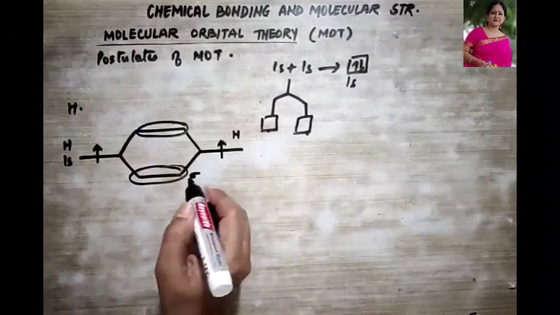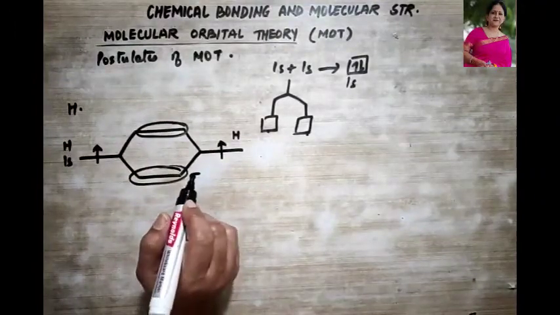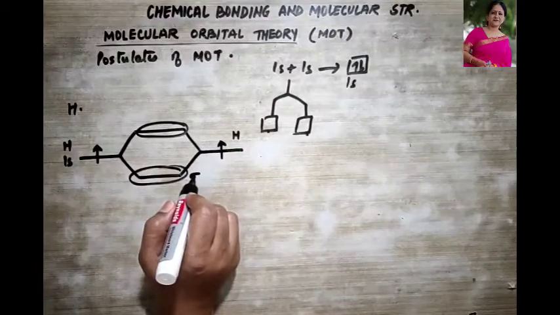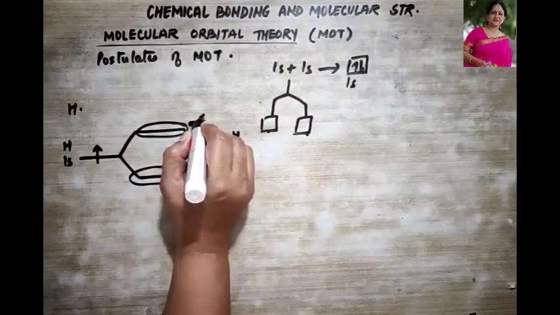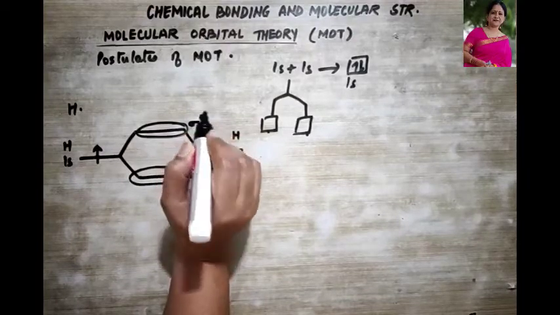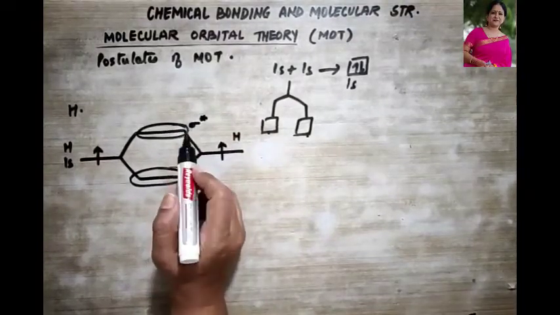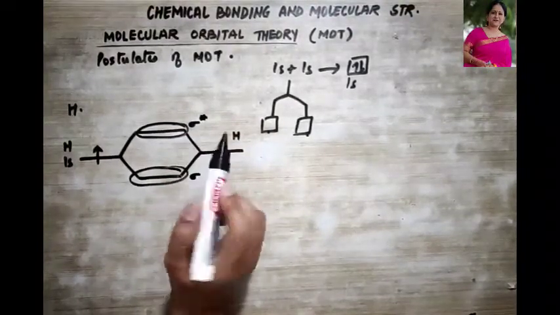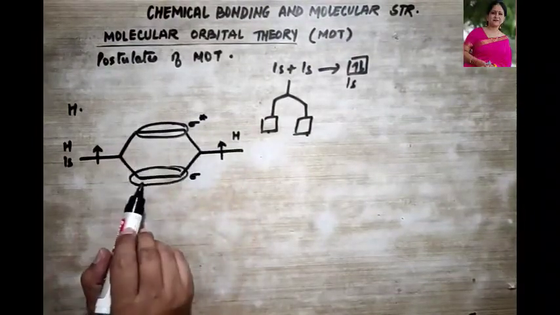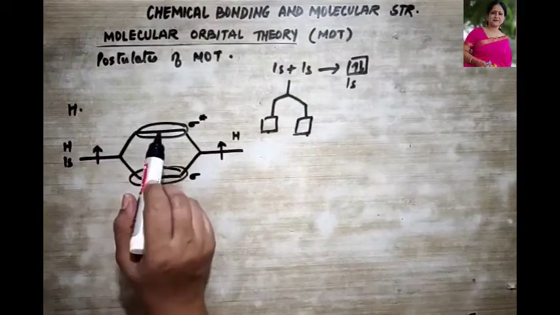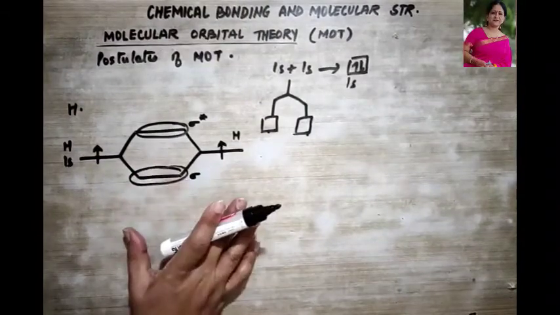I hope this is clear. So this is your sigma, that is the bonding molecular orbital, and this is your sigma star, that is the anti-bonding molecular orbital, right? So molecular orbitals always give rise to one bonding molecular orbital and one anti-bonding molecular orbital.